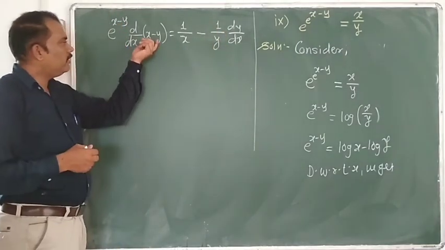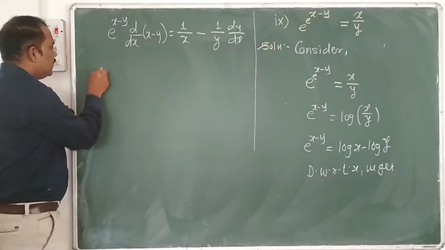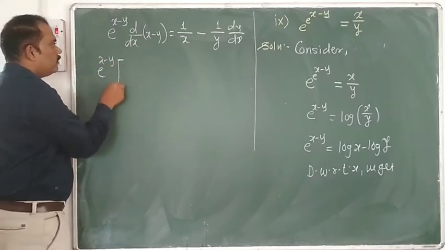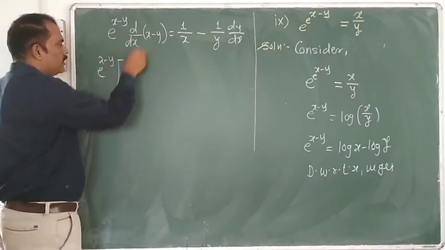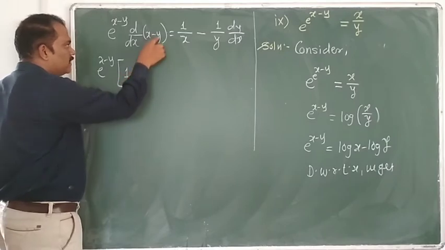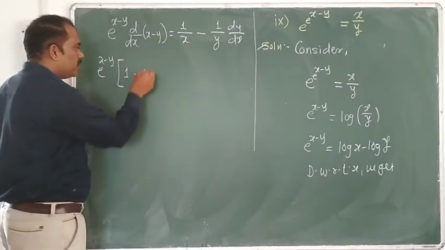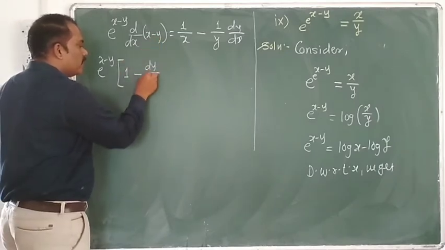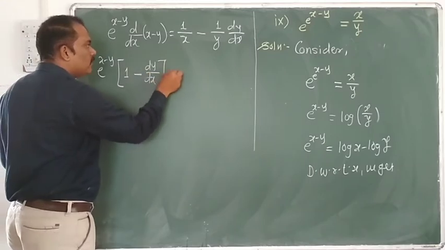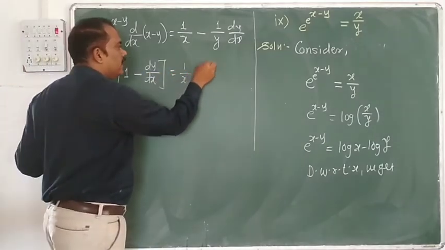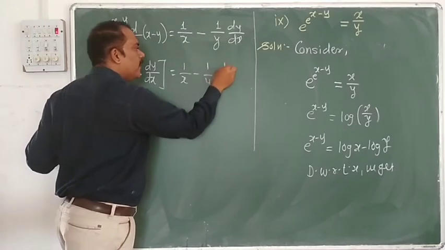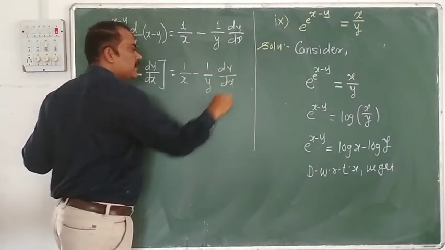Now we take the derivative of x minus y: e raised to x minus y into bracket, differentiation of x with respect to x is 1, minus differentiation of y with respect to x is dy by dx, is equal to 1 upon x minus 1 upon y dy by dx.